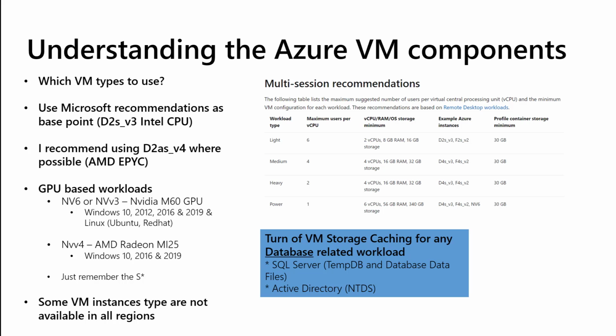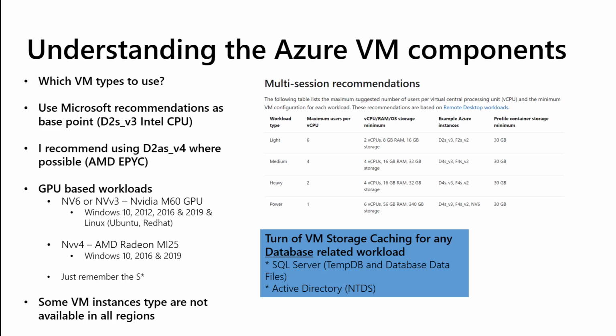And of course, if you want to have a GPU-based workload, there are essentially two options to choose from: either NVIDIA-based, with the M60 graphic cards, which are part of the NV6 or NVv3 series, or the NVv4, which is powered by AMD GPUs. Of course, there is a little bit of difference in terms of supported operating system and how much available graphic memory you get allocated to the VM.